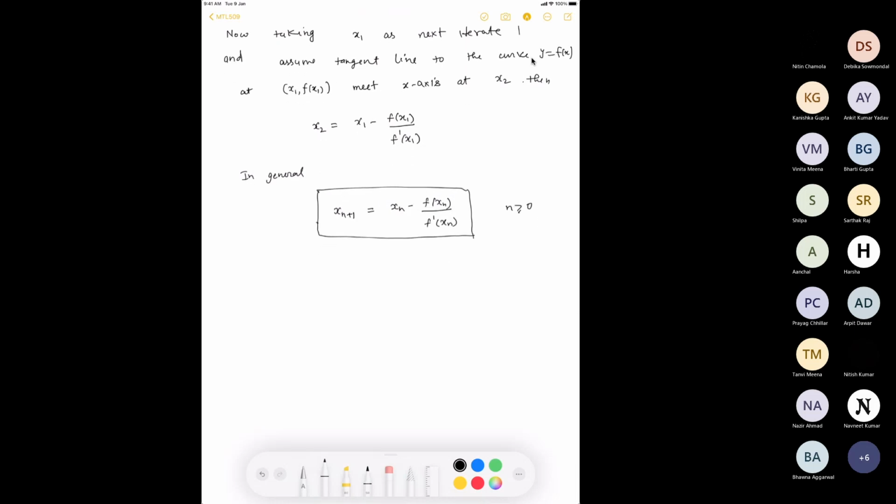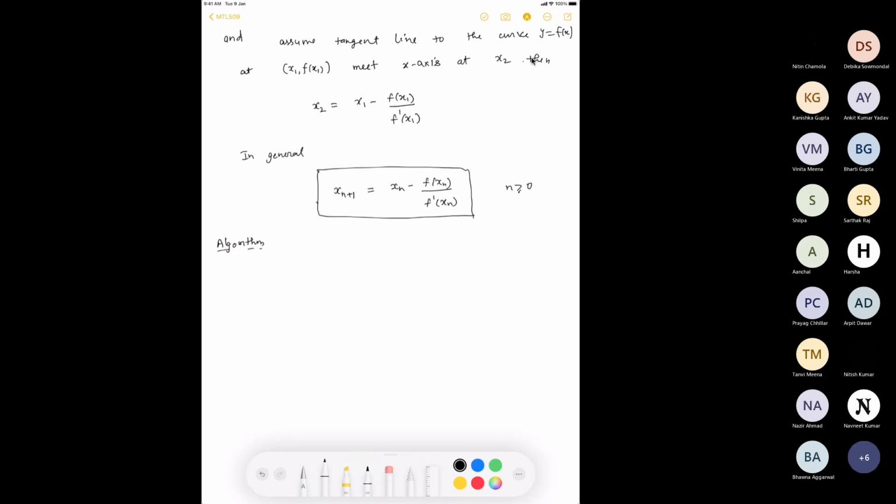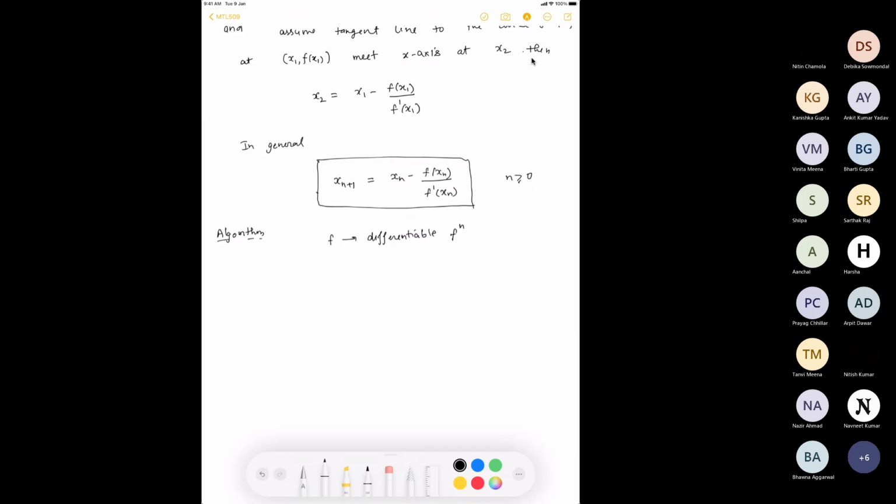So we can formalize it and write it in the form of an algorithm. Here, as you can see, I'm requiring the derivative of the function f, so I'm going to assume f to be a differentiable function, at least for this algorithm to make sense. What is the first step? We have to compute f prime also.